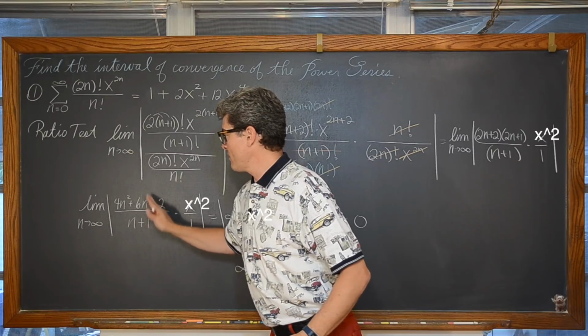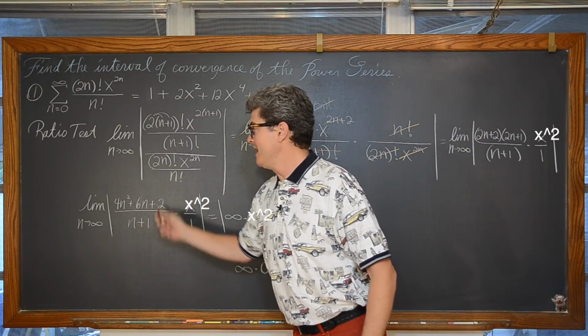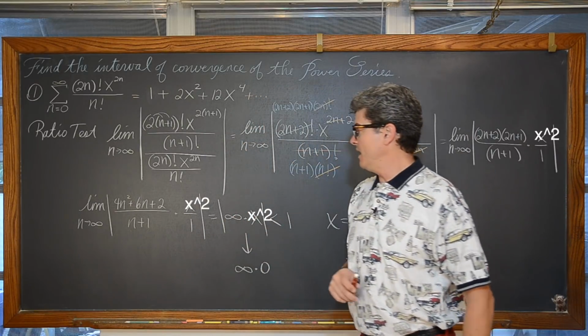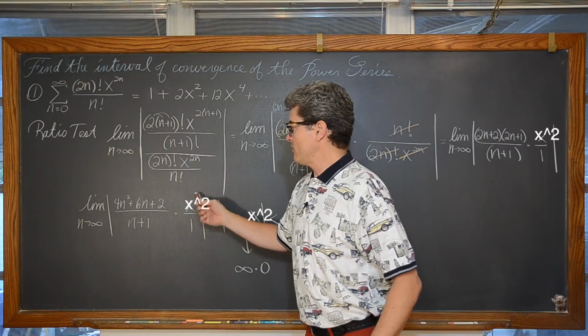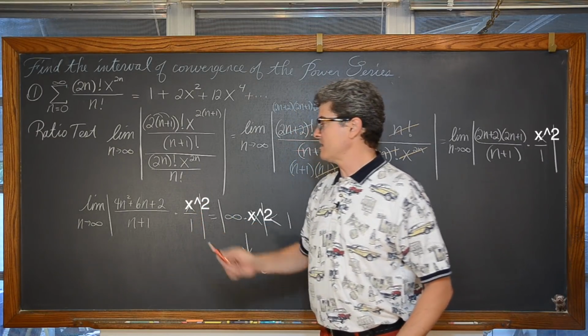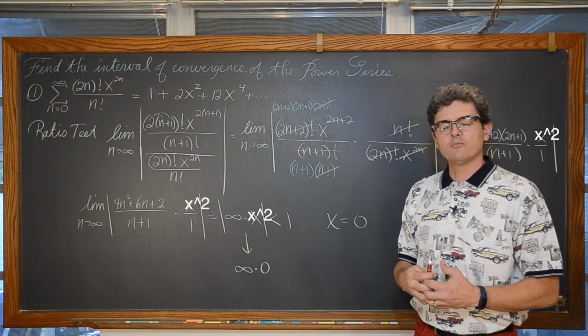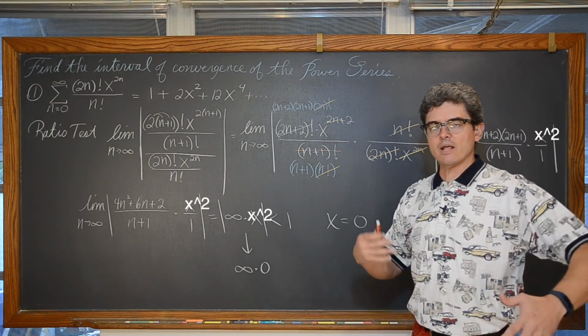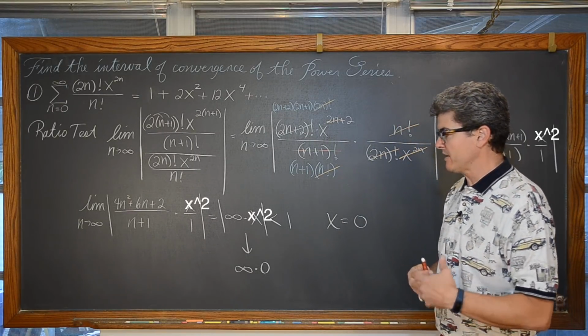This 4n squared plus 6n plus 2 over n plus 1, that is approaching infinity. Now, if we had some kind of n variable over here that was approaching something to make the second factor approach 0, well, then we would have some form of indeterminate, and we'd have to manipulate that so that we could eventually apply L'Hopital's rule and evaluate the limit.